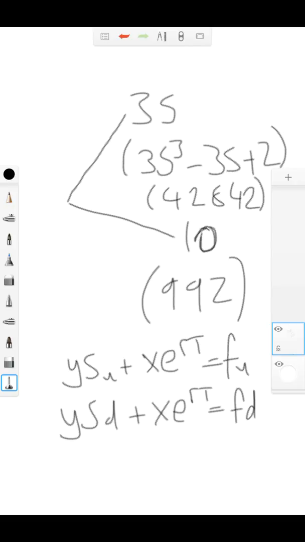Ideally, we can just plug in these equations.